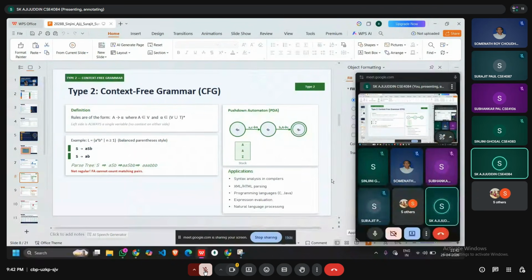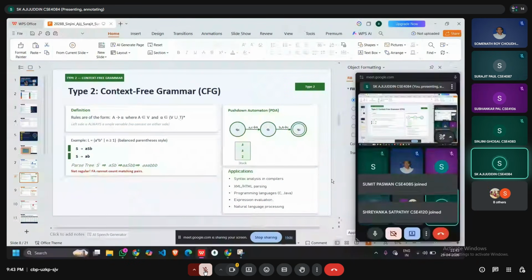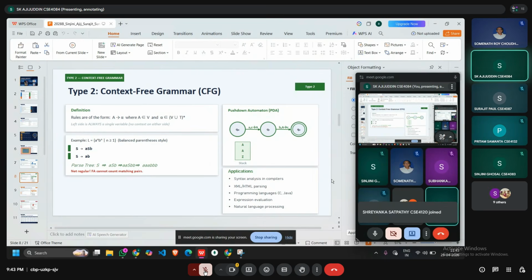So the PDA machine can remember these values, and you can say there is a string S goes to A S B. So the values look nested. That's why it is used in compilers to understand the syntax. That's why it is more complex than type 3 grammar.